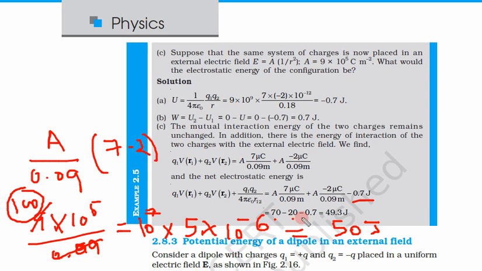So 70 minus 20 is again 50 joule. We have calculated together 50 joule, and minus the third term, minus 0.7 joule. So this comes as 49.3 joule. Okay, so I have explained this again so you can understand it much better.